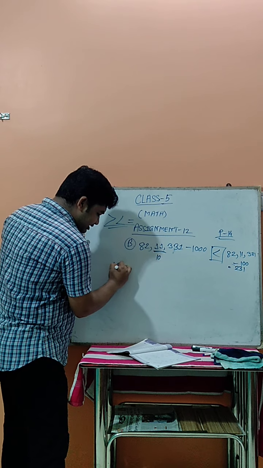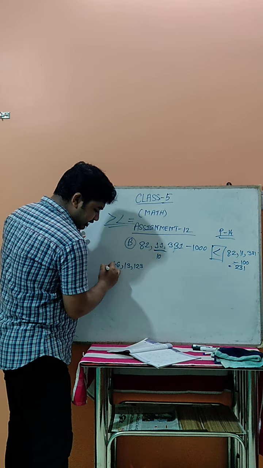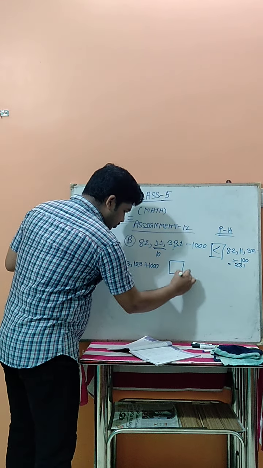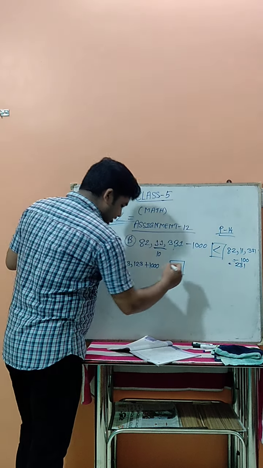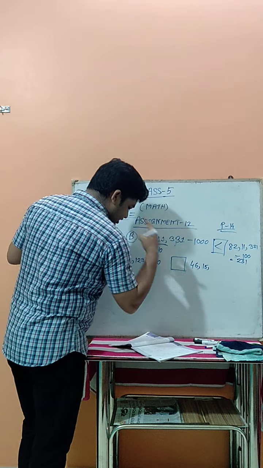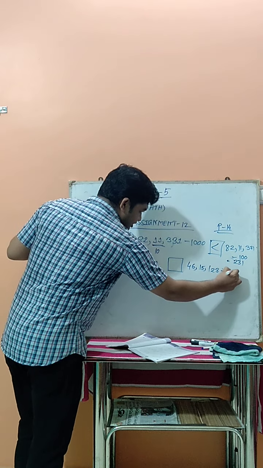Okay. Now see the next one. That 46 lakh 13,123 plus 1,000. Now give one box. Then after that, 46 lakh 15,123 minus 100.